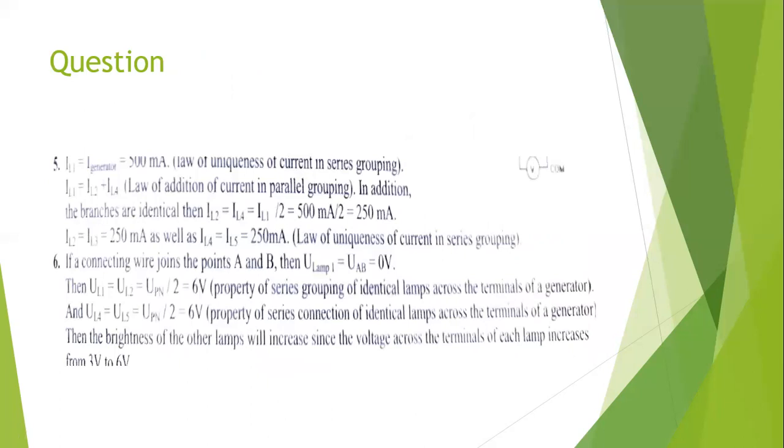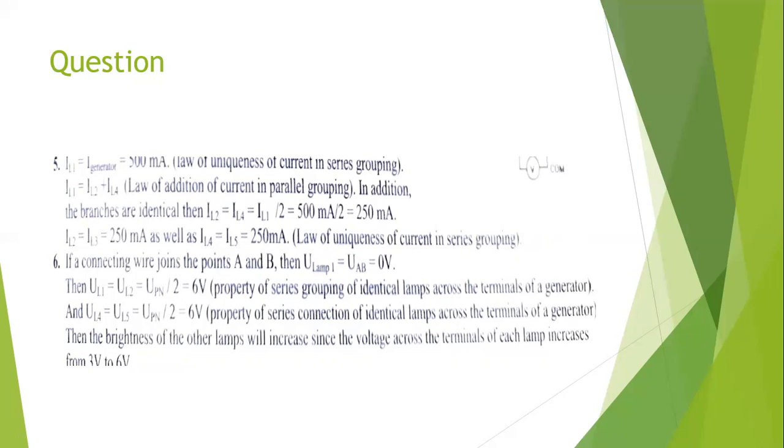If a connecting wire joins the points A and B, then UL1 equals UAB equals 0 volt. Then UL2 equals UPN over 2 equals 6 volt, property of series grouping of identical lamps across the terminals of a generator.